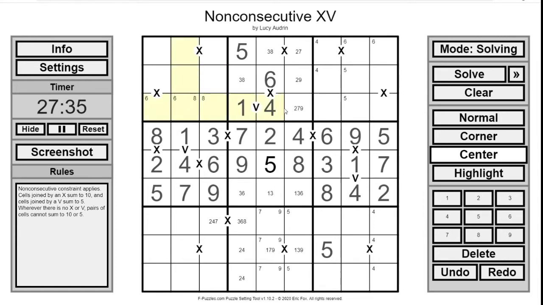Let's just do all the basic sudoku stuff first. Oh, come on. I didn't let go of that.